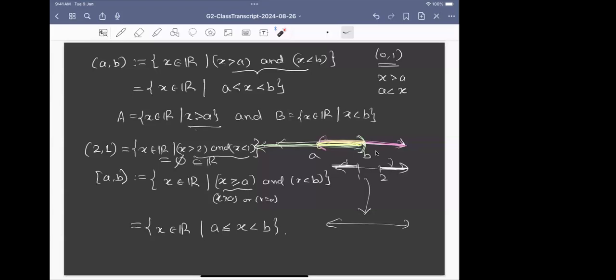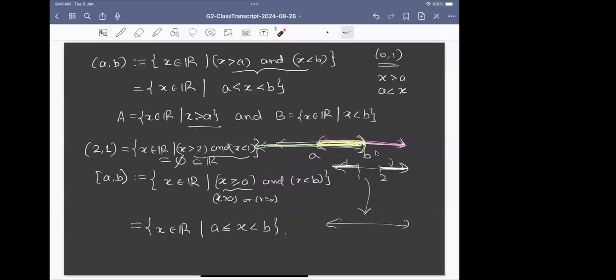So Anwar, now, can you complete the proof? We suppose that the set is not empty, so there must exist an element x belonging to the given set. If x belongs to it, then x must be greater than 2 and x must be less than 1. So there is a real number x such that x is greater than 2 and x is less than 1.